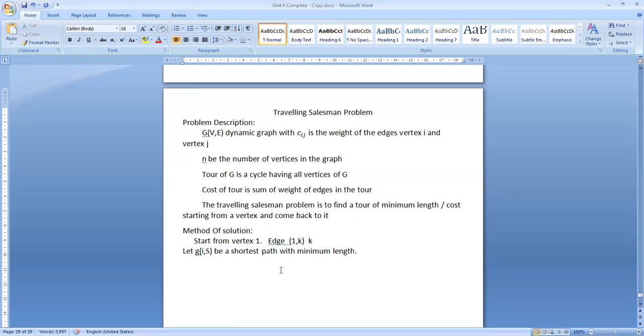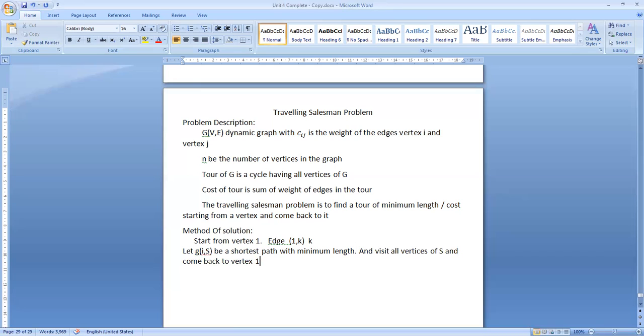Let g of I comma S be a path with minimum length that visits all vertices of the set S and comes back to vertex 1. That is the meaning of this particular expression g of I comma S.